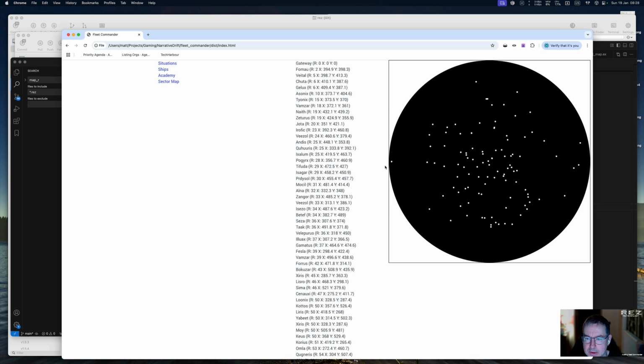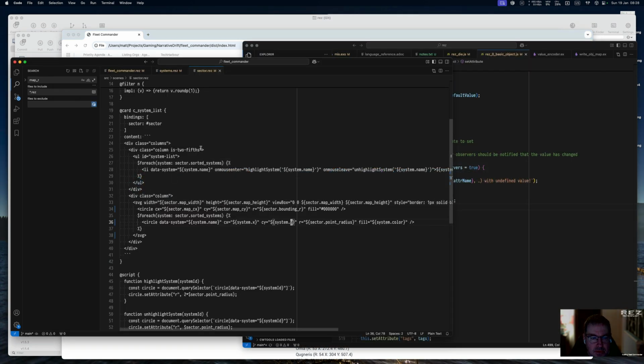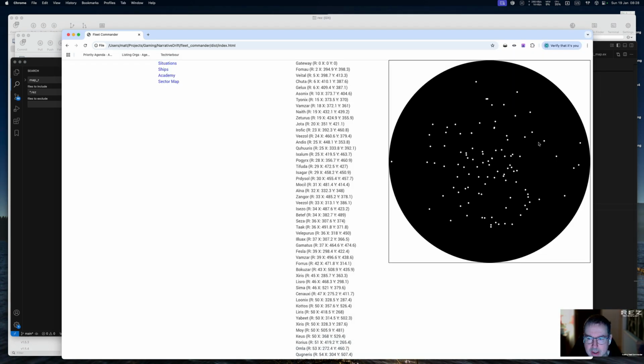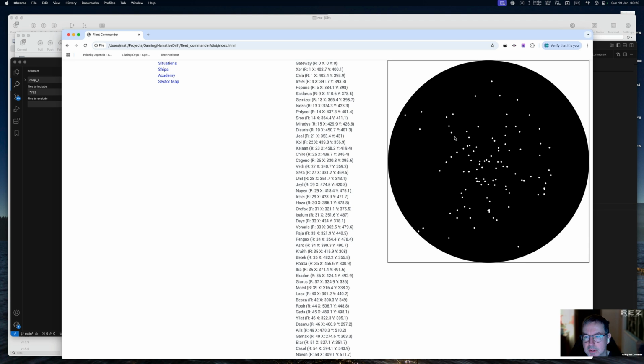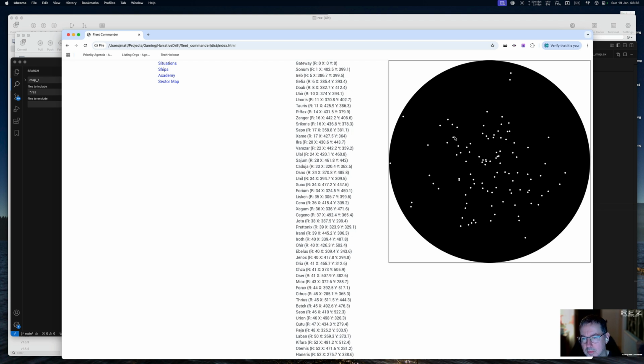I would have expected something a bit further out. I don't really like how this is being generated, so for every system I'm generating a random angle, and I don't know, let's have a look at a couple more.